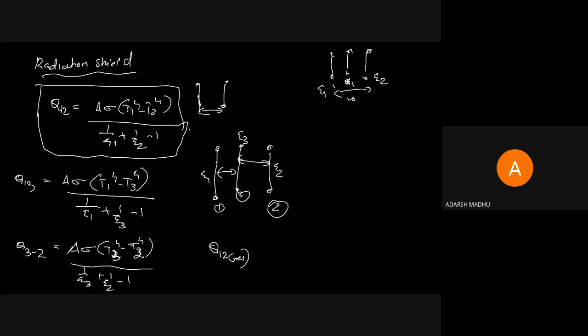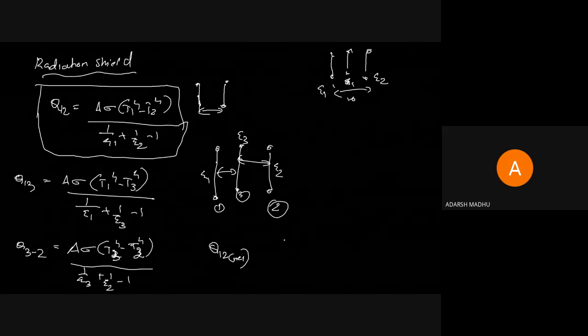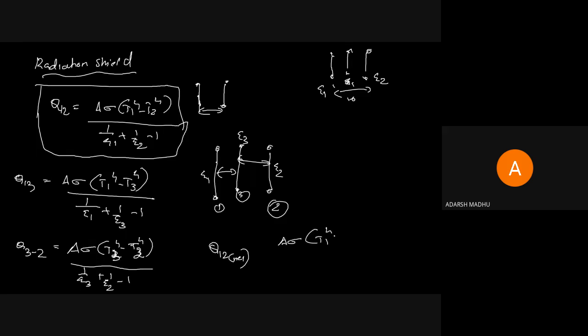If there is a radiation shield, we can write the equation as Q net equals area into sigma, T1 raised to 4 minus T2 raised to 4, divided by 1 by epsilon 1 plus 1 by epsilon 3 minus 1, plus 1 by epsilon 3 plus 1 by epsilon 2 minus 1.